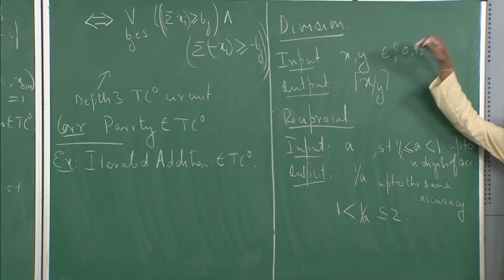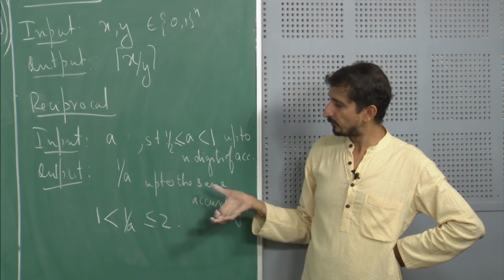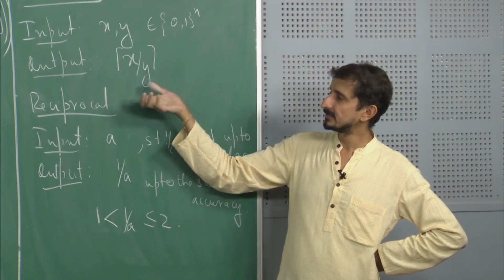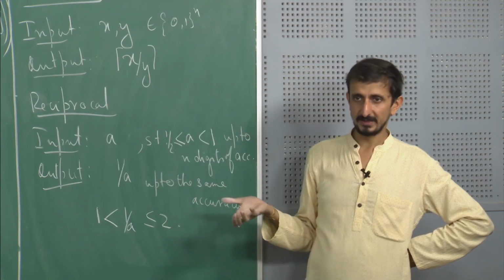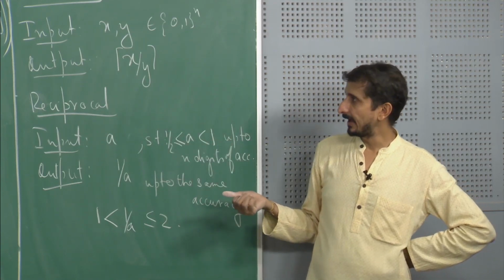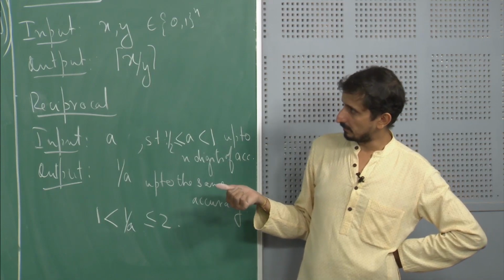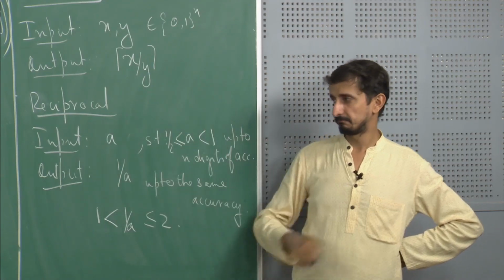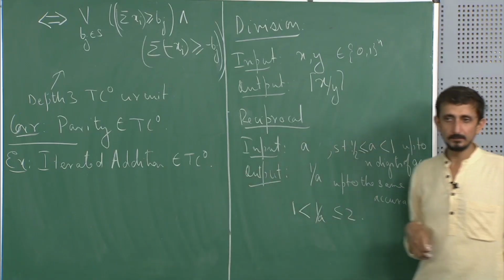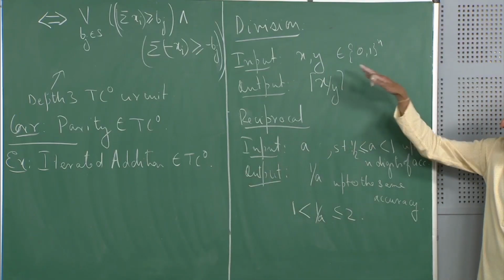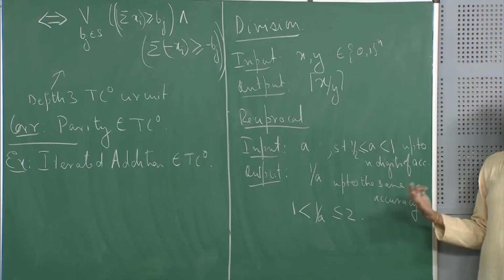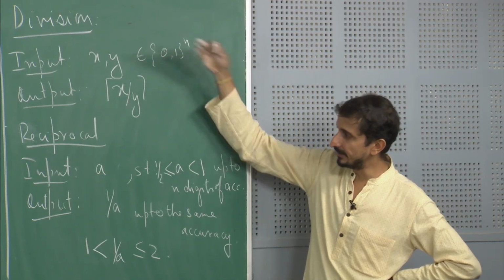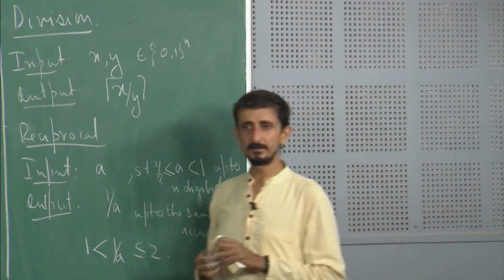And the reason why these two problems are somewhat equivalent is because computing x divided by y is the same as computing x into 1 by y, right? And we know that multiplication is in TC0. Okay, so basically these two problems are what are called TC0 equivalent. Given this problem, I can reduce it to reciprocal by using a TC0 circuit.